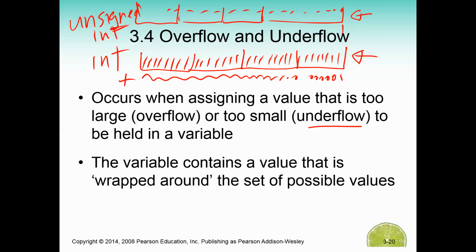The result is going to give me a -1, which I cannot hold because I can only hold positive numbers. So this is going to cause an error. Either way, if the value is too large, it's going to cause an overflow, or if it's too small, it's going to cause an underflow.